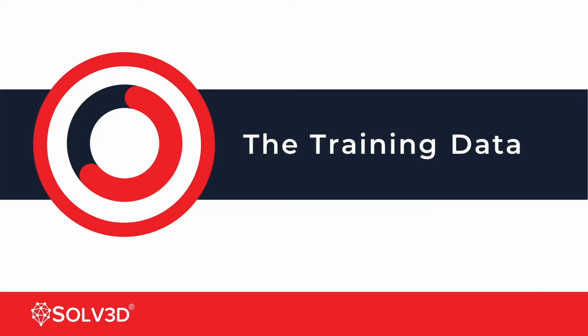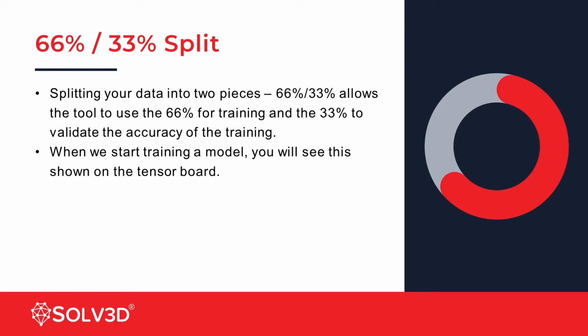Now that we have our training data ready and prepared, and we start to go into the training of the model, I did want to mention that we recommend that the data be split into 2. In this case, what we're recommending, as you can see on the screen, is a 66% split and a 33% split. So 2/3 of the data ready for training and 1/3 of the data ready for evaluation.